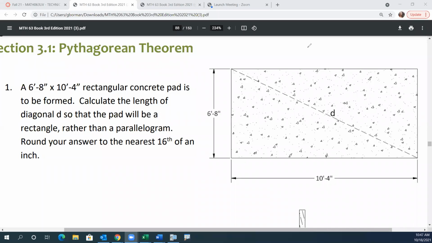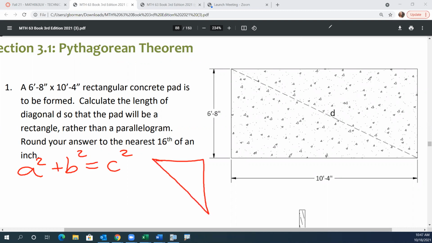All right, let's start working on the Pythagorean theorem. What the Pythagorean theorem is, it's a formula. You've probably heard a squared plus b squared equals c squared, where you have a right triangle, meaning a triangle with a 90-degree angle, a right angle.